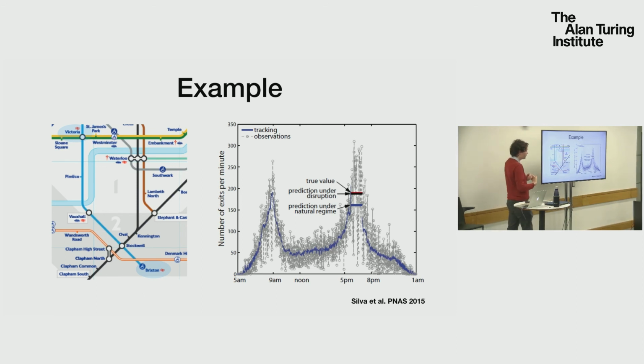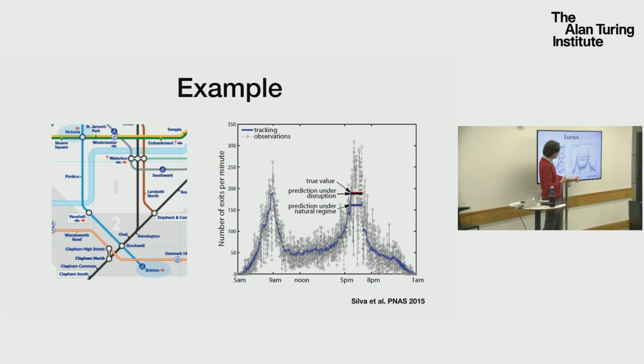So we parameterize how the natural regime, meaning the average number of tap-outs during that time, would relate to what actually happened during the disruption. We observe several examples of that at different locations at different times. So we have a predictive model with a few free parameters, which learns how to map what would have happened if no disruption had taken place to what actually happened.